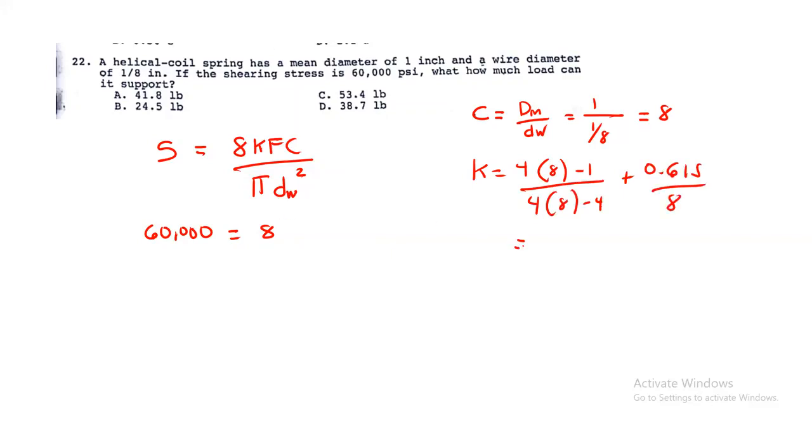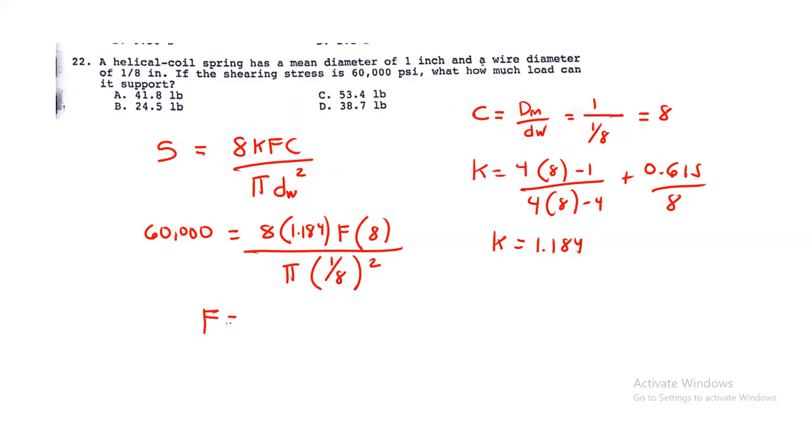So yung K natin is equal to 1.184. Substitute 1.184 times force times C na 8 divided by pi times diameter ng wire 1/8 squared. So makuha natin force dito is 38.7 pounds. The answer is letter D.